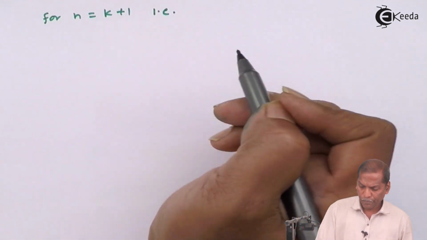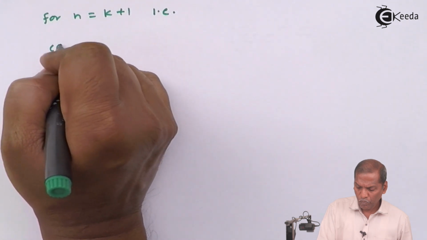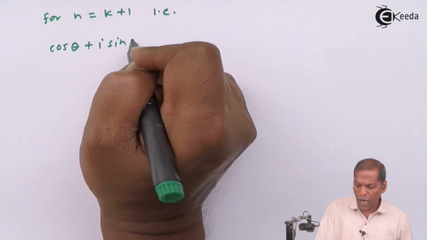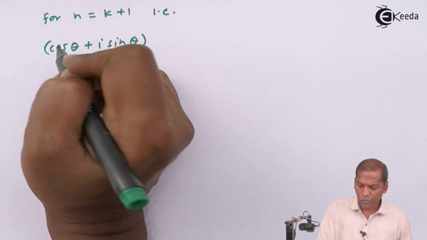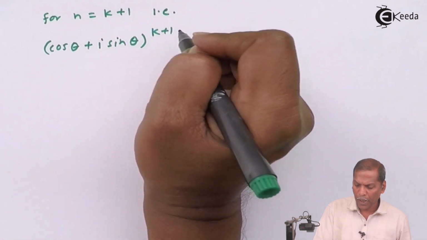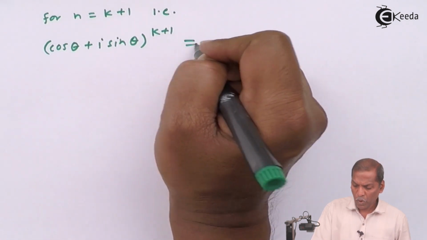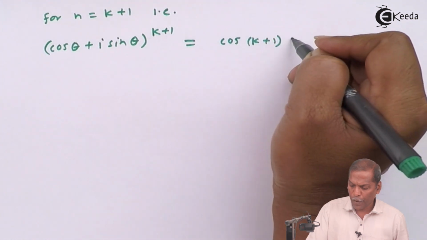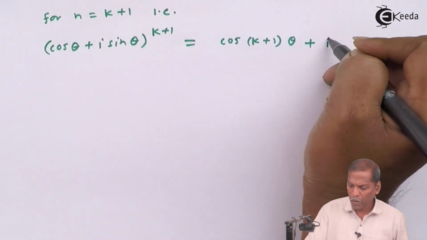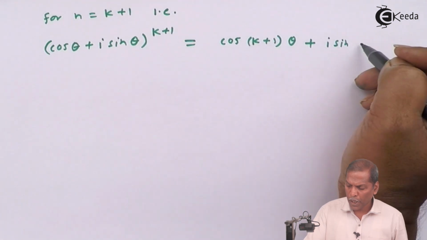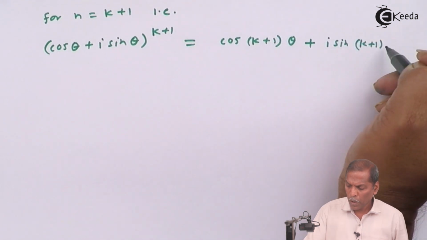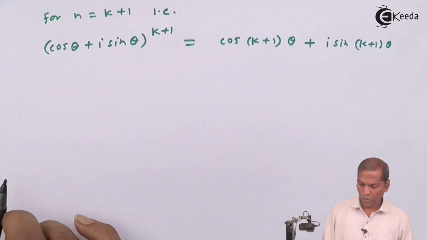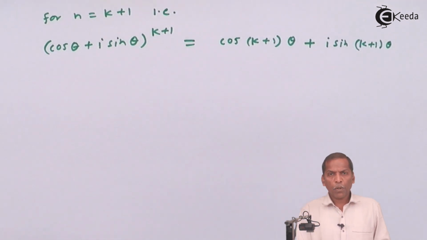That is, (cos theta plus i sin theta) raised to k plus 1 is equal to cos of (k plus 1) theta plus i sin of (k plus 1) theta. So this we have to prove.